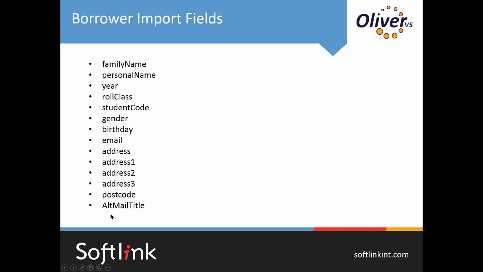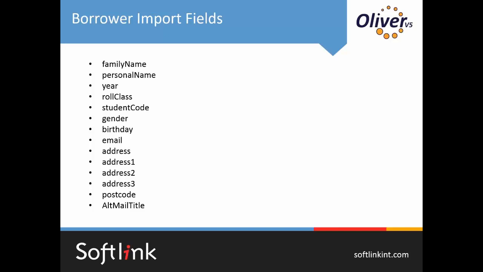An alternate mail title, which I use for the parent's name. So we can address overdue notices to the parents by putting their name into this field. Now, you may not want to import this information because of the new GDPR rules. So that's fine. You don't need to if you don't want to.